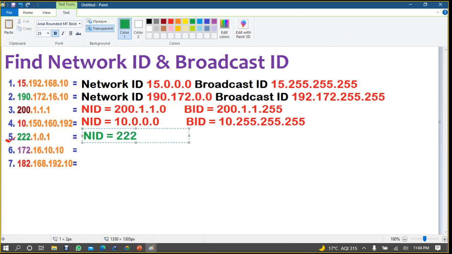Number 5 is going to, okay. Now it's talking about network ID. In class C we have three network bytes, right? So 222.1.0 will be the network ID, and the broadcast ID is the last IP of the network. So 222.1.0.255, the 255.